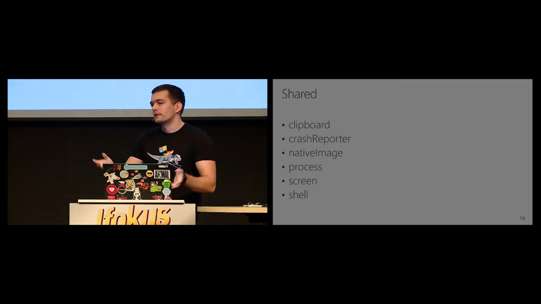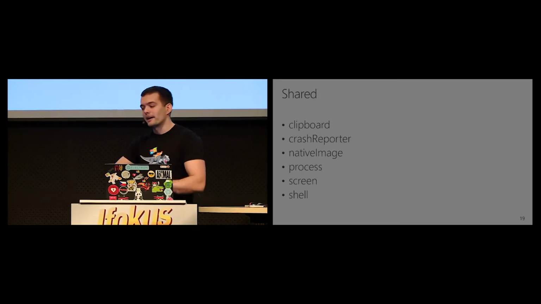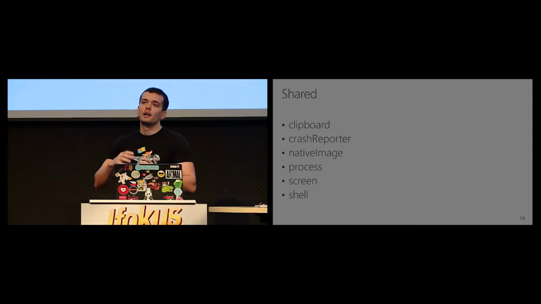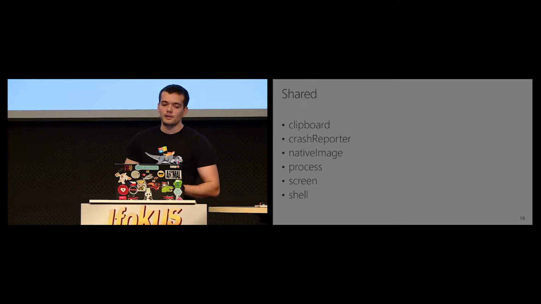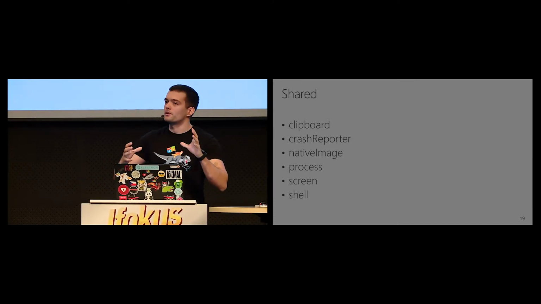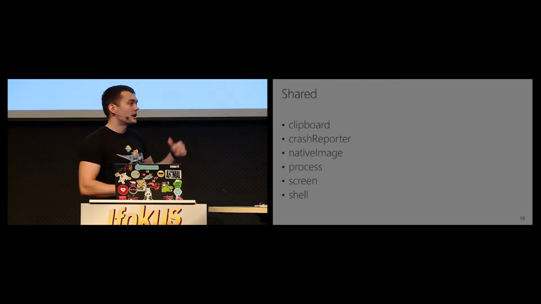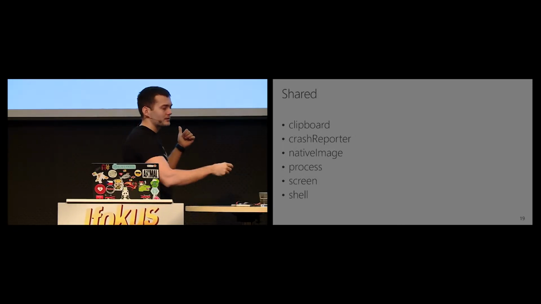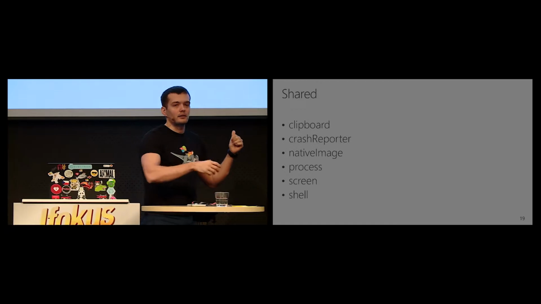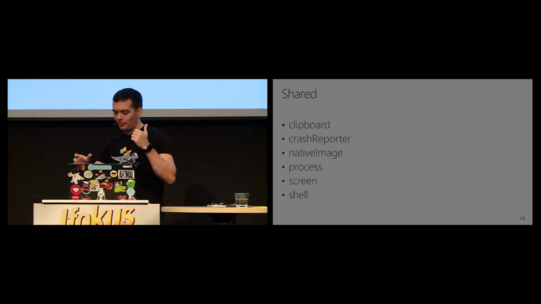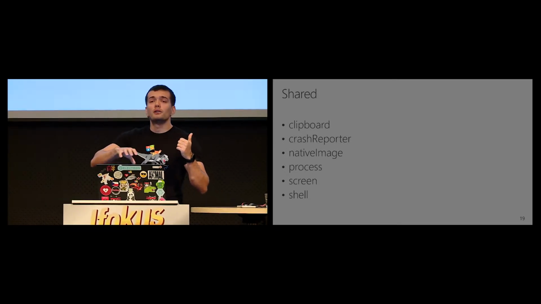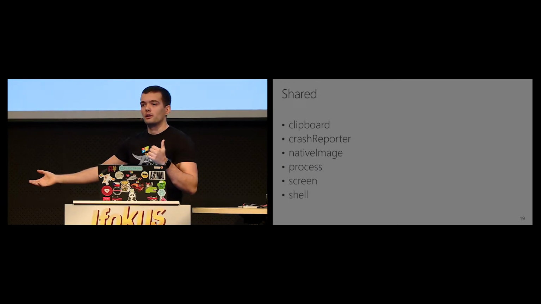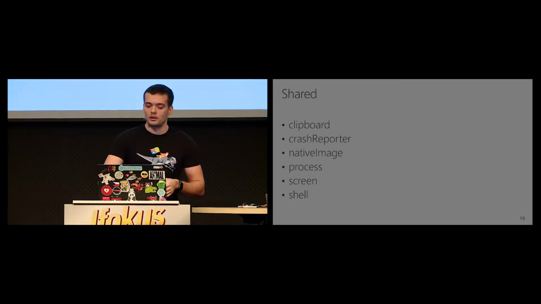Then you have the screen, of course: width, length of the screen, max size, and all these things in order to fit your application on different screens. And you have the shell, which is actual access to the URL and file handler natively. So if you have a URL internally, it can open the external application for you, which is a cool feature.